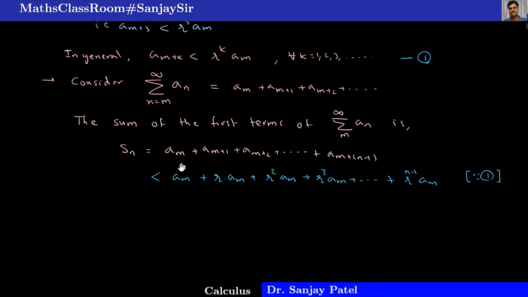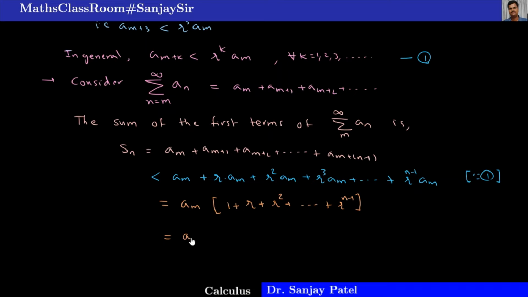Okay, now from this, what we can write is, taking a_m common, what I will get is 1 plus r, r square and so on up to r raised to n minus 1. So this is clearly a geometric series, and we want to find the sum of the first n terms of the geometric series with the first term a equal to 1 and the common ratio r. r square upon r is r, r cube upon r square is r, and so on.